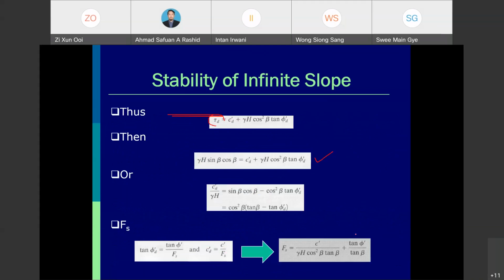So actually, this equation is a simplified equation to be used to obtain the factor of safety for an infinite slope without seepage. I will elaborate more later on. So this is without water.